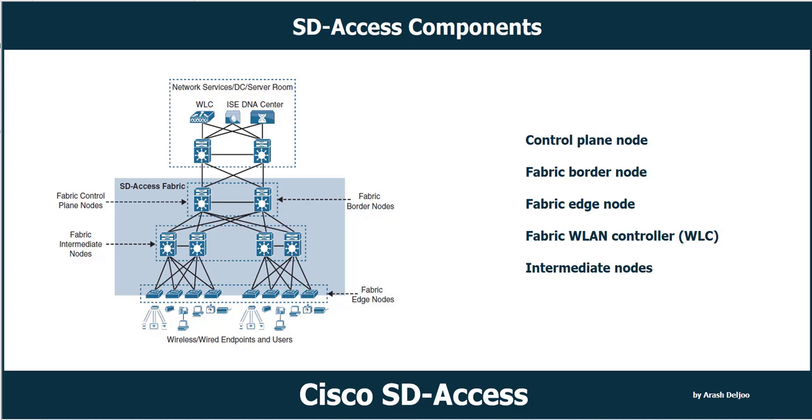Here we have the wired endpoints and users, and they can connect to our SD-Access fabric with the help of fabric edge node, fabric control plane node, fabric border node, and also the controllers, meaning DNA Center, ISE, wireless LAN controller.